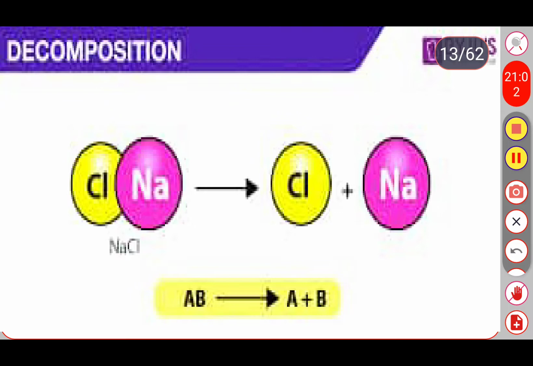By supplying heat, we break down the given compound, and the bonds of the compound are completely broken and split into two or more substances. It means the whole compound gets decomposed. So a decomposition reaction is just the opposite of the combination reaction.